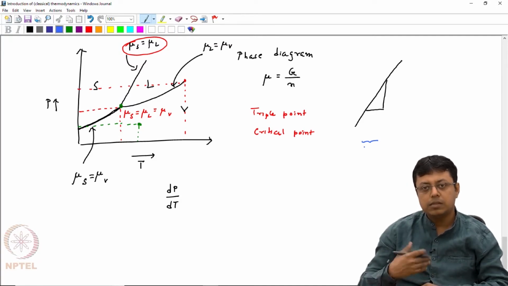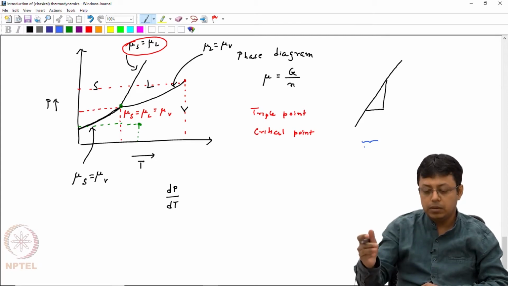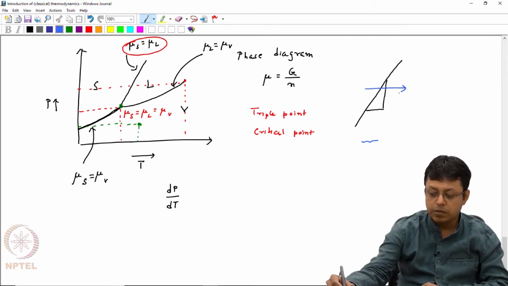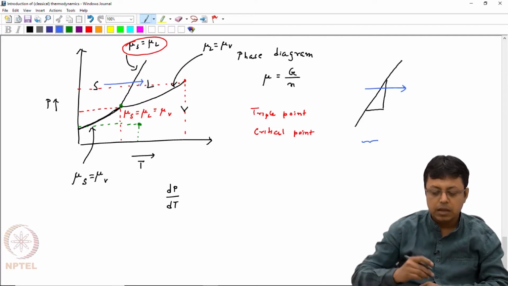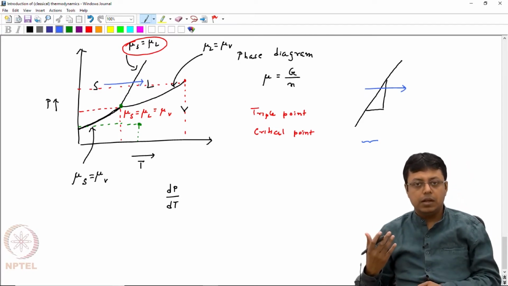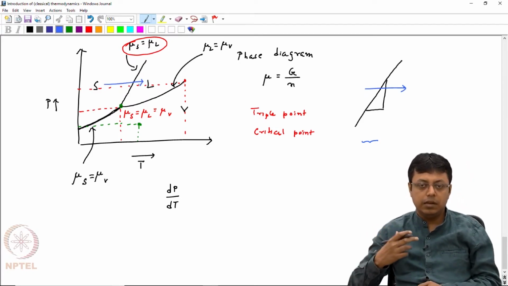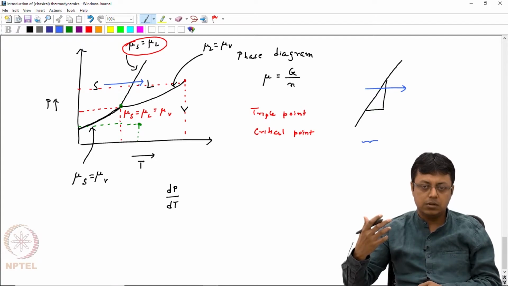Now for a substance like say carbon dioxide, going from solid to liquid, because we are traversing, if I go from here to here, we are going from the solid to the liquid region, and you will see that the liquid volume is larger than the solid's volume.